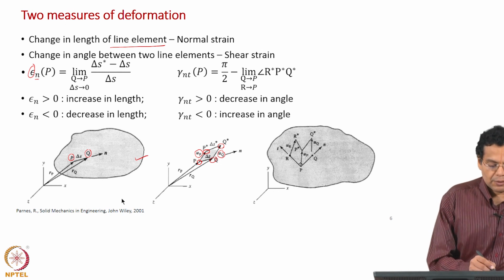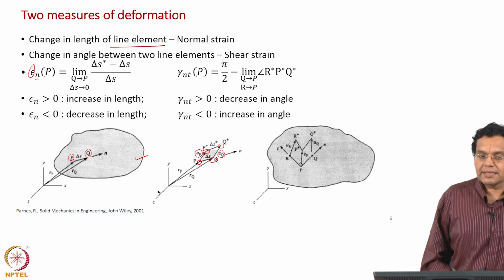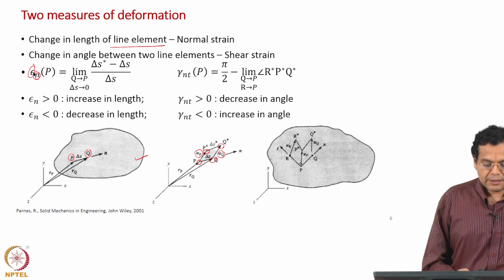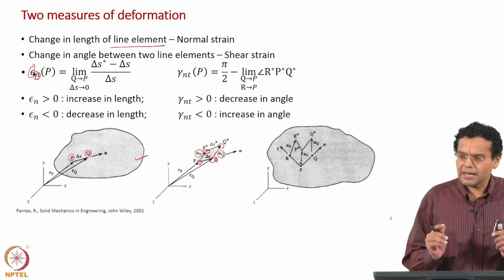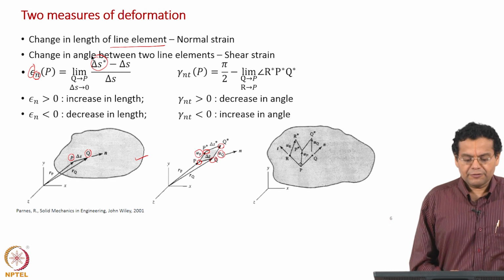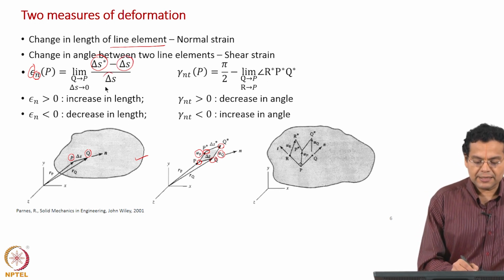We said the line PQ is along direction n, which is why we have used subscript n here. I will come to the P within brackets shortly. Now, we defined normal strain as change in length by original length, the same definition. So, delta S star is the final length, delta S is the initial length, divided by the initial length.